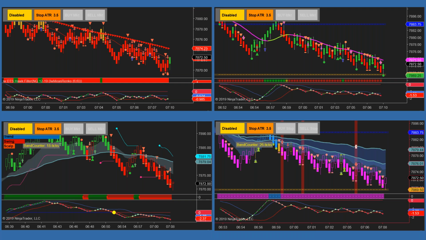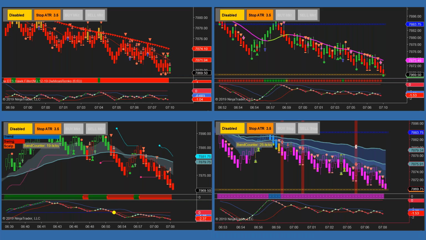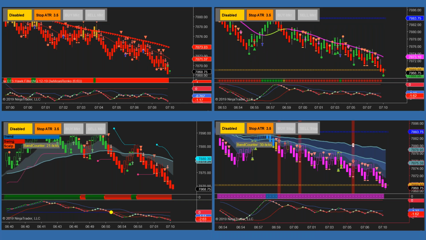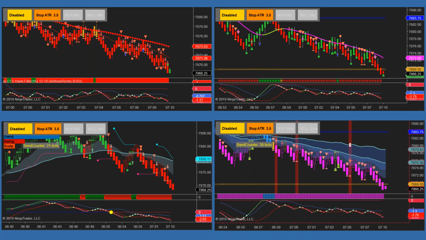And with FOMC tomorrow, it looks like the fact that we're trading in such a tight range, so much congestion, it looks as though the market's really not committed to a trend at this point.